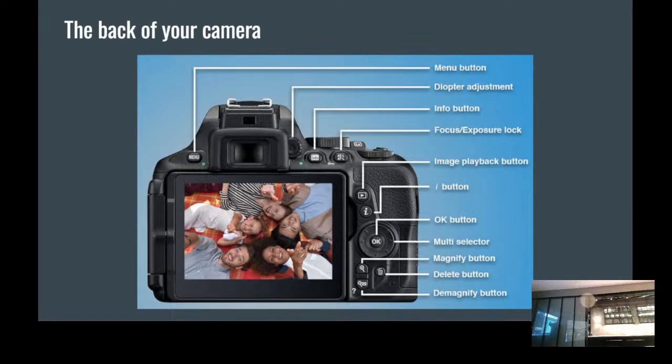When we move over, we have what's called the diopter adjustment. If you've ever owned a pair of binoculars, there's typically a little dial in the center that works for people with glasses, which we're all wearing glasses, so this makes it easy to talk about. It's like when you go to the eye doctor and they go, okay, 1 or 2? 1 or 2? That's the same thing the diopter is.